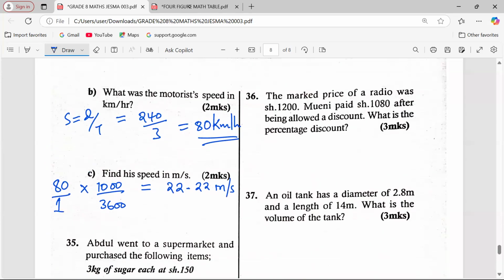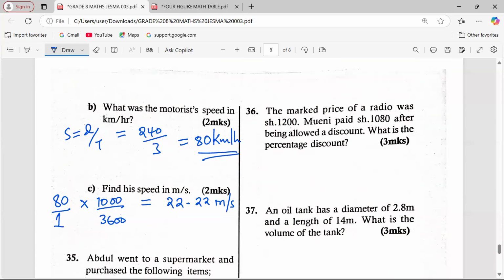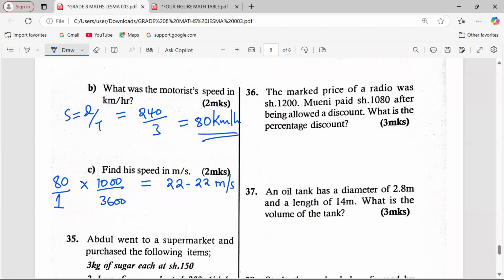482. That's 6. The marked price of a radio was 1,200 Kenya shillings. Mweni paid 1080 after being allowed a discount. What is the percentage discount? So let's get the discount itself. The discount is going to be 1200 minus 1080.